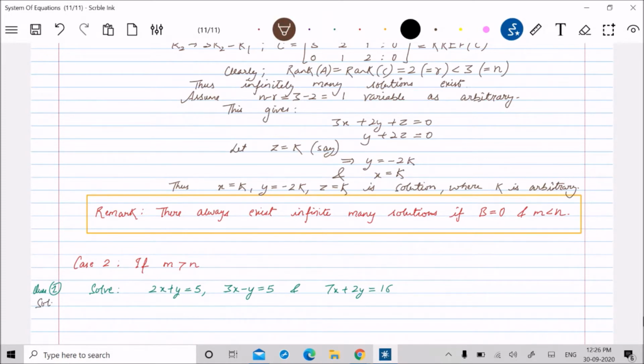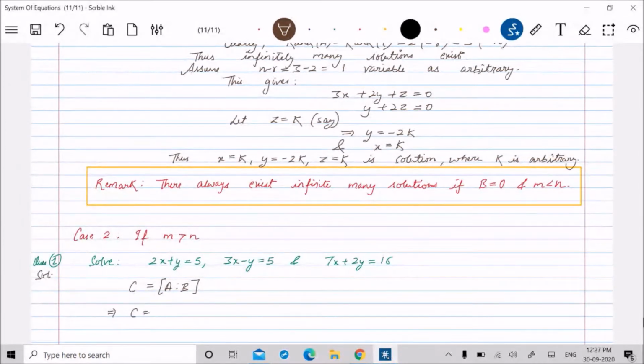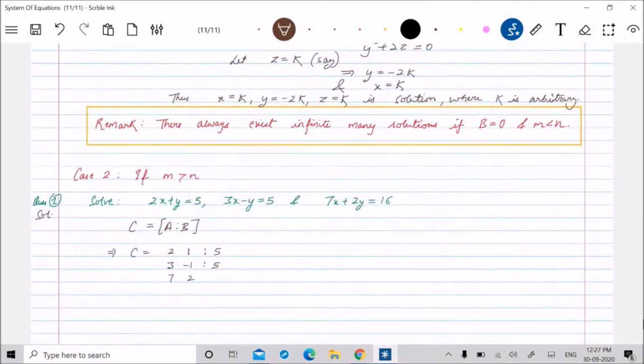Okay, so forming the augmented matrix, you know that there is the augmented matrix, that is C equal to A partition B, and of course this time it is non-zero, so I'll write A partition B, right? That will give me C equal to, the coefficients are 2, 1 partition 5, 3 minus 1 partition 5, and 7, 2 partition 16, right?